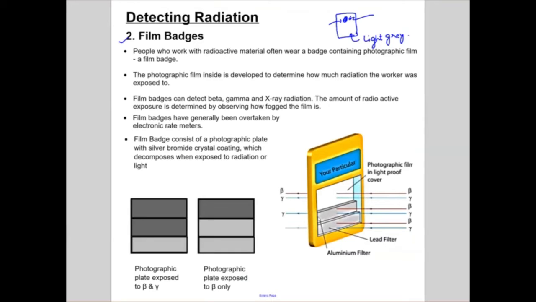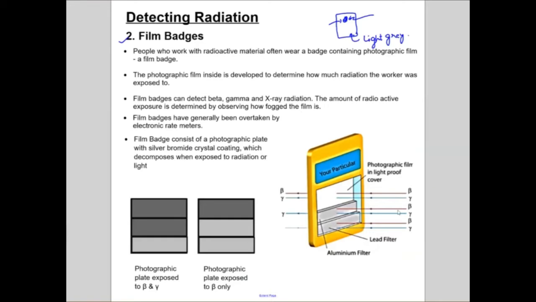The middle part of this photographic plate is covered with an aluminium sheet. And the bottom section has a lead filter over it, a thick layer of lead placed above the photographic plate.